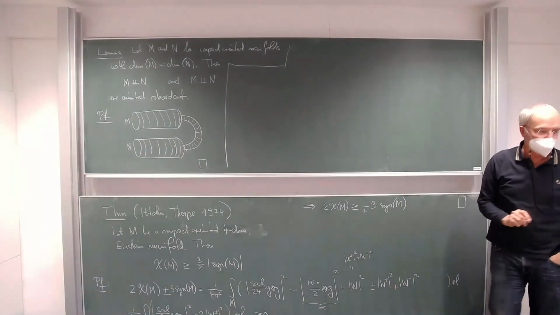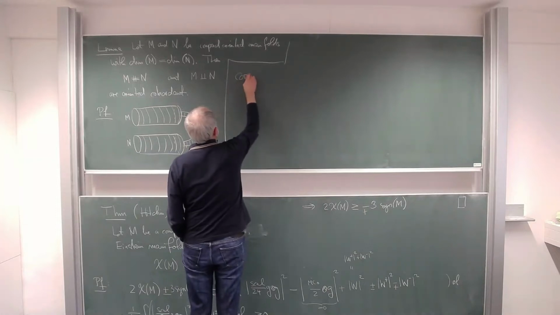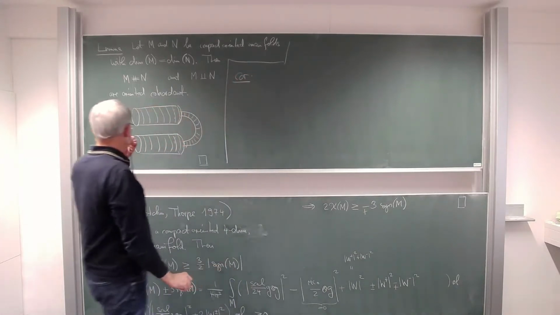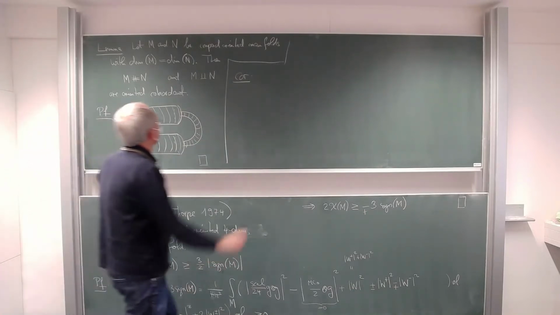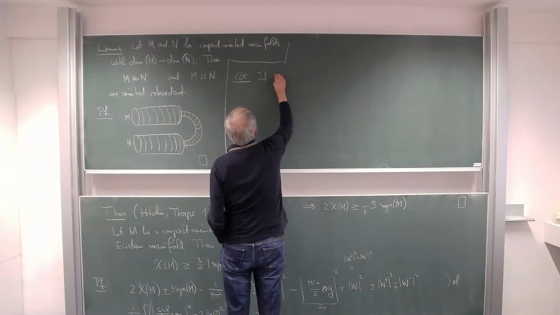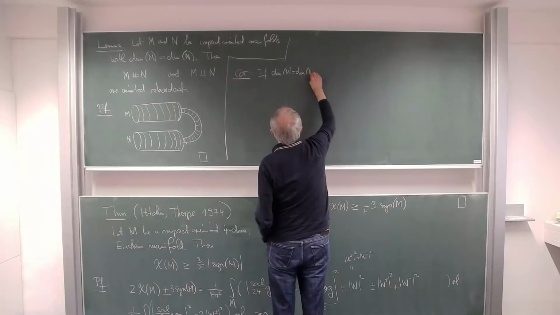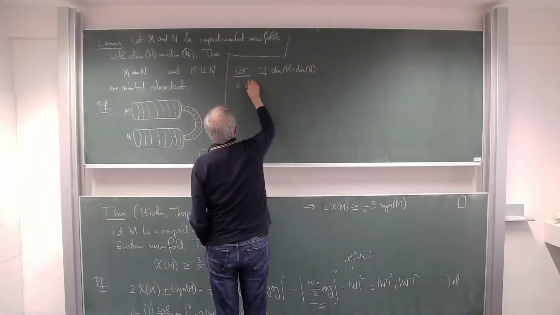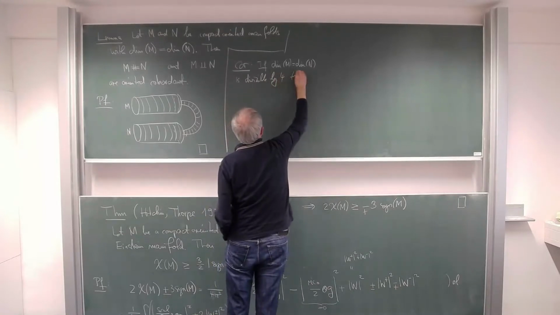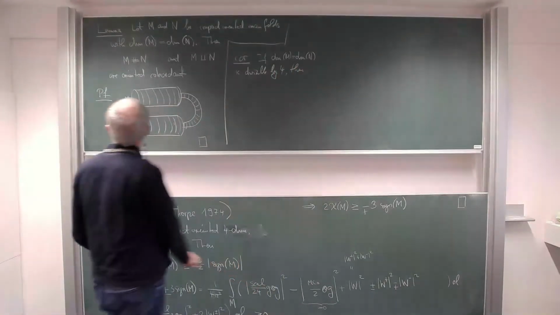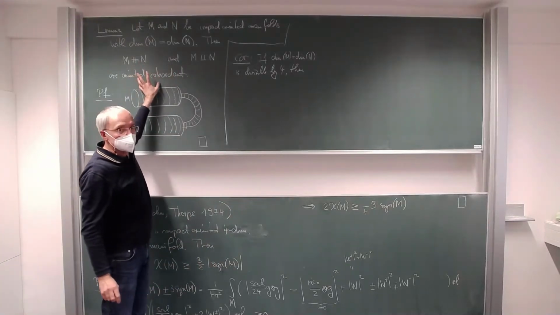So that has a consequence for the signature. We have the corollary then, namely, if we are in a dimension divisible by 4, where we can talk about the signature, so if the dimension of M and N is divisible by 4, then we can talk about the signature, and since these are cobordant, the signatures must coincide.